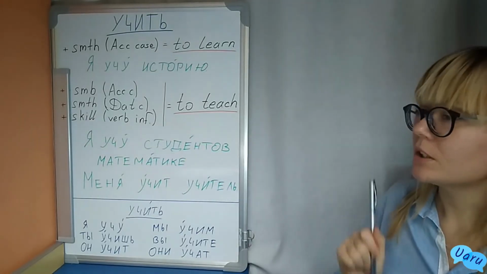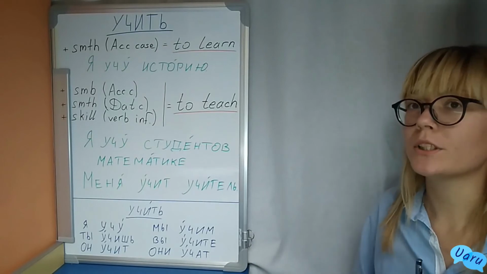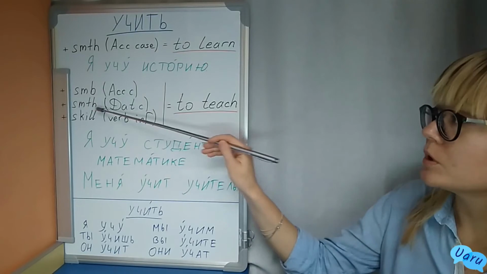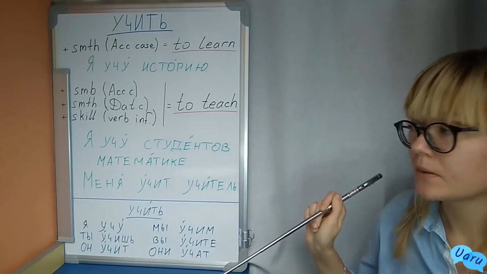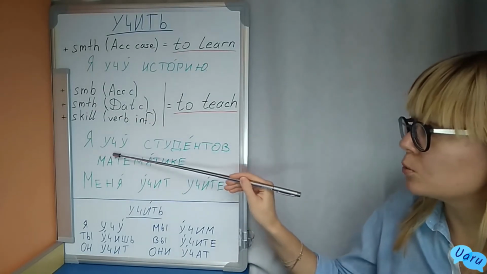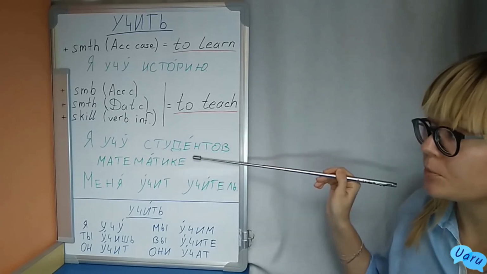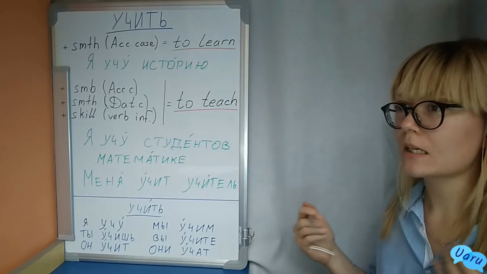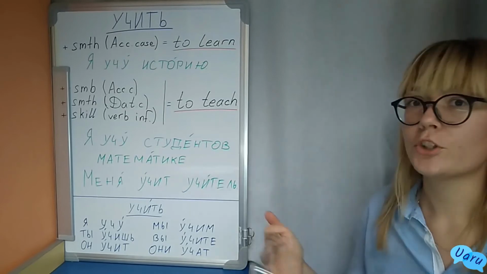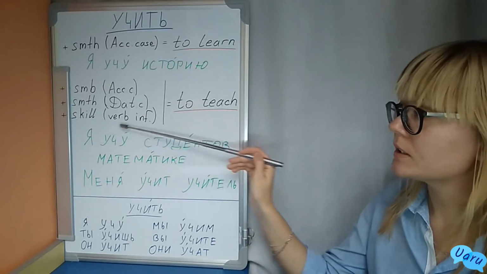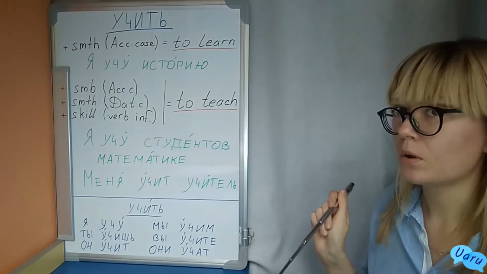If you want to say that you're a teacher of some subject, you put the subject in dative case. Like here, я учу студентов математике, subject. You want to say that you're teaching some skills. You teach how to write. For example, this skill should be in infinitive of the verb.